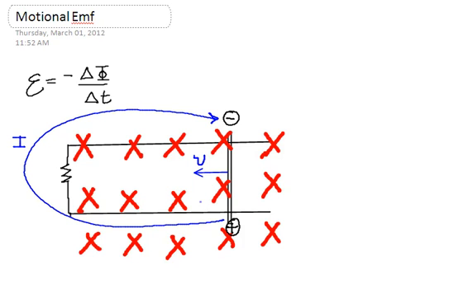So as this guy is moving, let's say that the length of the bar is L. And as it's moving along, it's going to move to some new location, maybe right here, where it has gone a delta x. Okay, so we'll call this little distance a delta x, a little change along there. So what's changing for the flux, B, A, or theta? The area is changing.